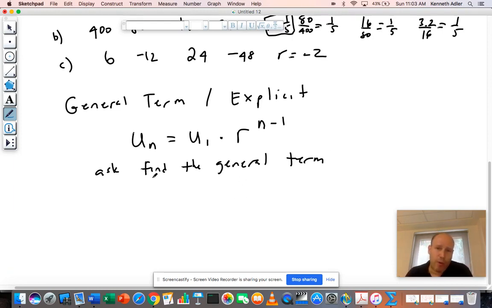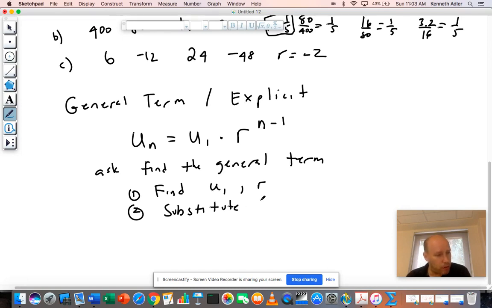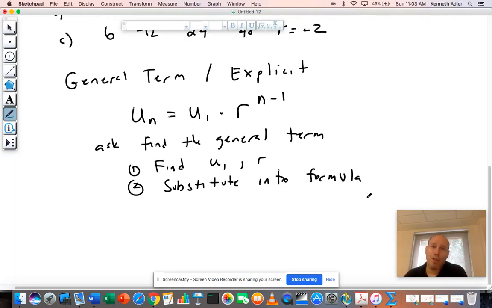So the question is, how do we find the general term? First, find u of 1 and r, and then second, substitute into the formula. That's it. So let's do an example.